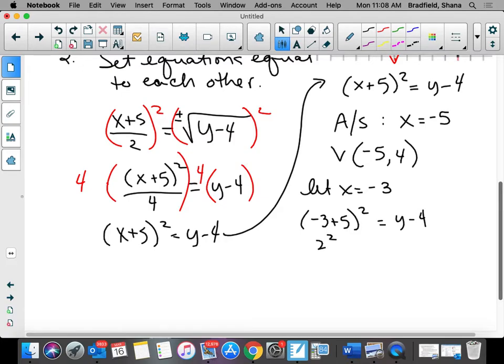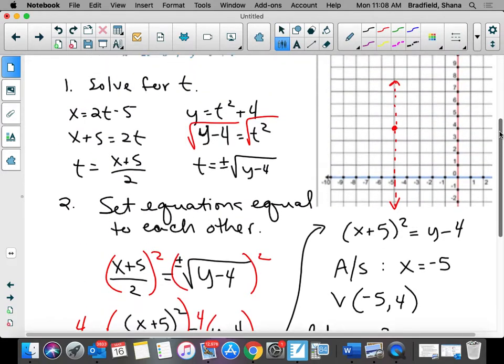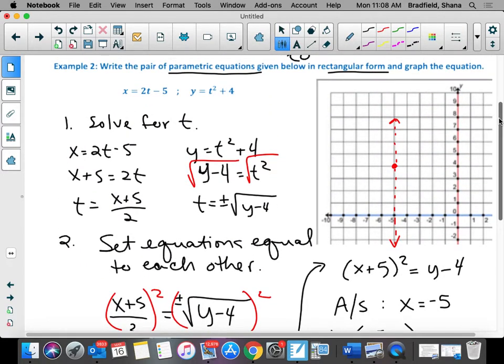So this would be 2 squared, so 4, equals 4 times (y minus 4), and then we get y equals 5. So I have an additional coordinate. I have a point P, I'll call it point P, at -3, 5. Okay, so I can plot that at -3, 5.